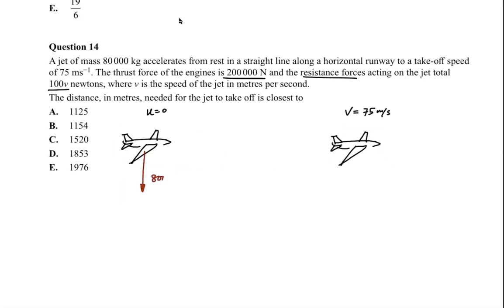So this is 80,000g. It's along the horizontal runway. So this is the reaction force. Up until this point, we still have the reaction force and the gravitational force 80,000g. The thrust force should be in the direction of the motion.